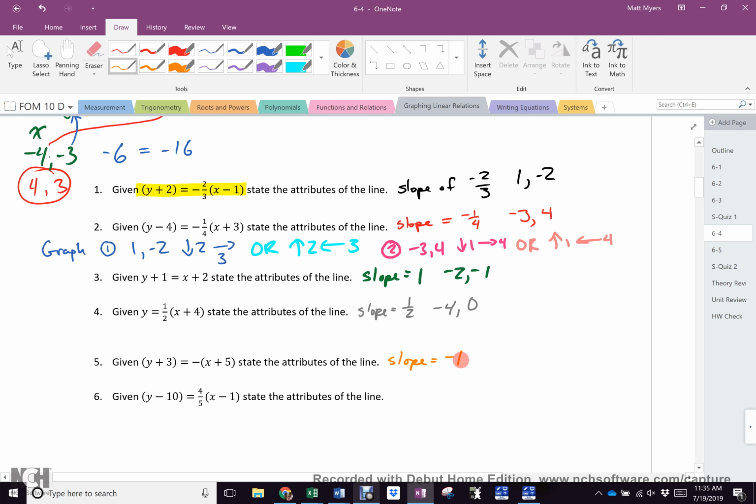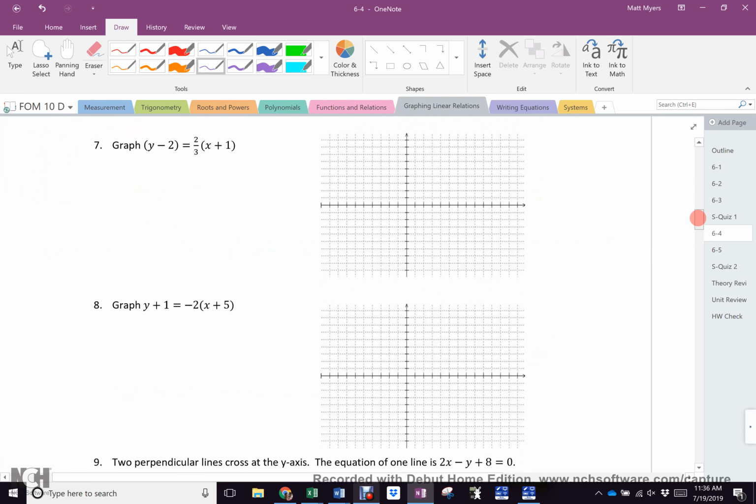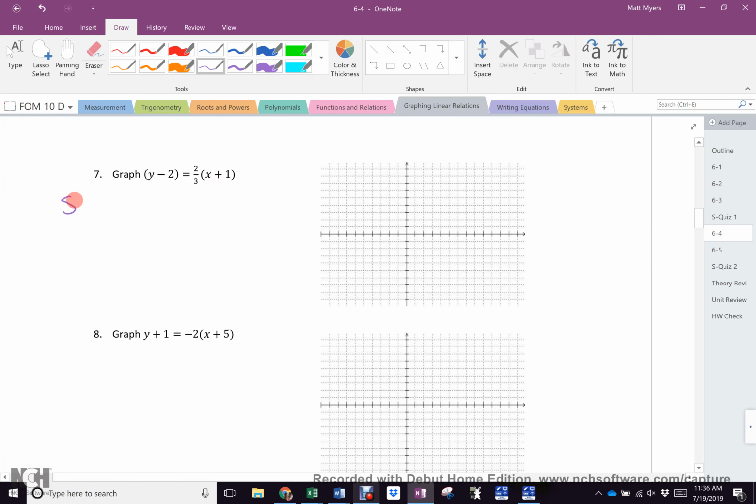Slope equals negative 1, and starting point? Negative 5, negative 3. And the last one, back to the beginning. Slope is 4/5 and 1/10. Easy peasy lemon squeezy, right? No problemo. Prove it.